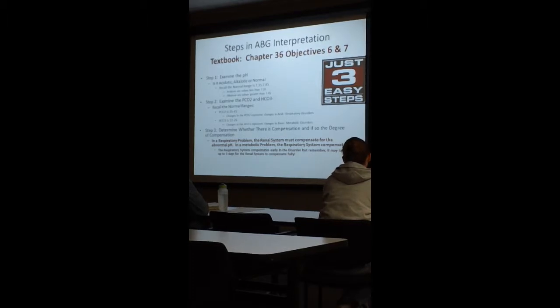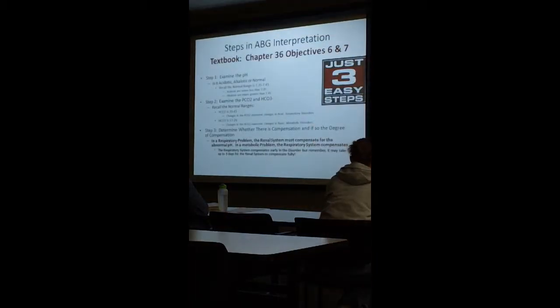Step 1, look at that pH. Is it acidotic, alkalotic, or normal? Step 2, look at that PCO2 and the bicarb. And then step 3 for me is, is it compensated, or what's the degree of compensation?